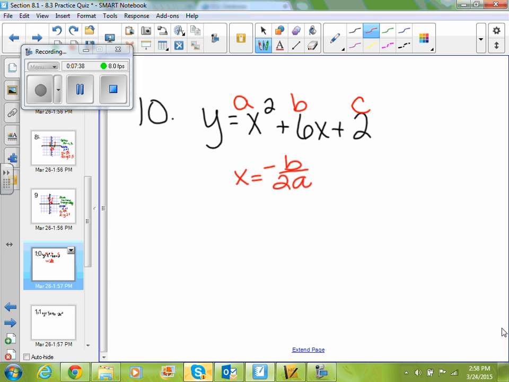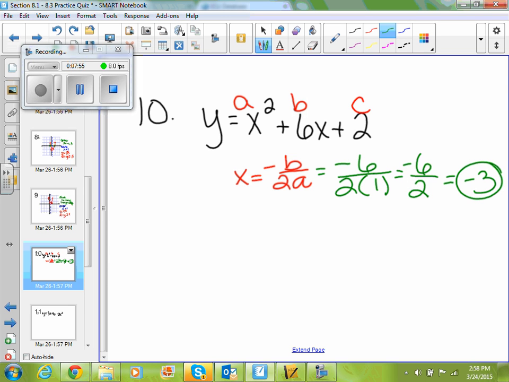Okay, so if I plug those in, then I get negative 6 over 2 times, what's my a? 1. 2 times 1 is 2, and negative 6 divided by 2 is negative 3. So I'm going to plug in negative 3 for x.